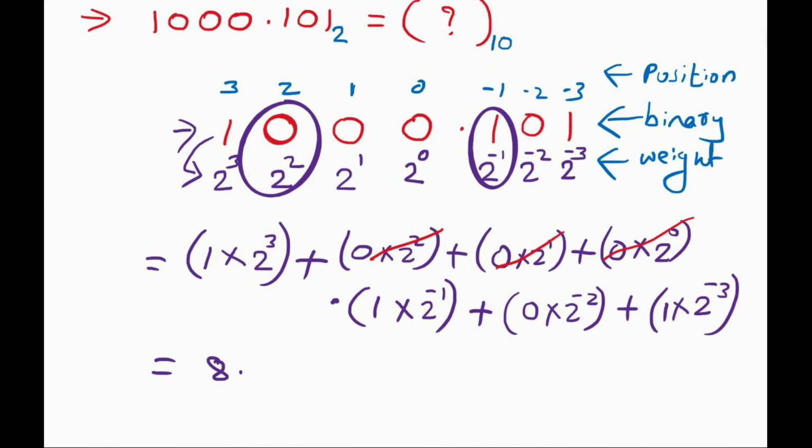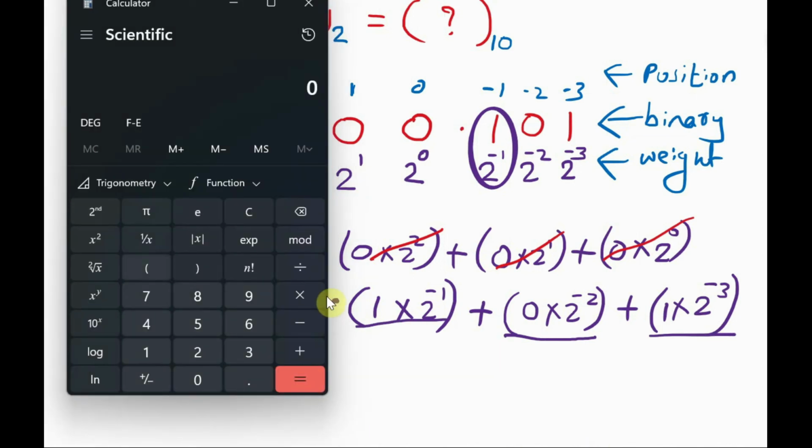Now we will see the fractional part: 1 into 2 raised to -1 plus 0 into 2 raised to -2 plus 1 into 2 raised to -3. 2 raised to -1 is 1 by 2, that is 0.5.